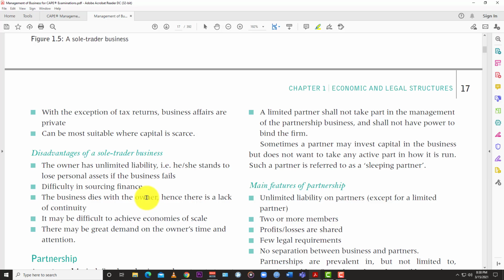It may be difficult to achieve economies of scale. Economies of scale are those advantages that a company gains as it grows, meaning production costs tend to go down. The total cost and average variable costs tend to fall as your output increases. That's what we call economies of scale.